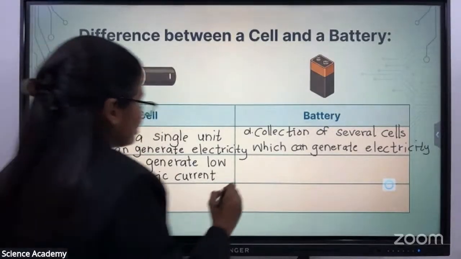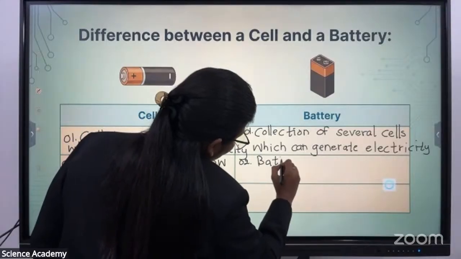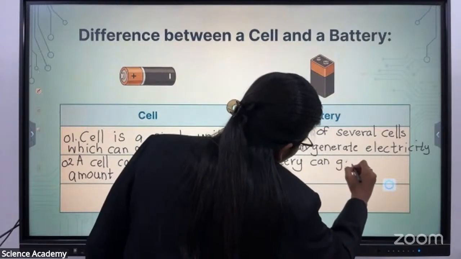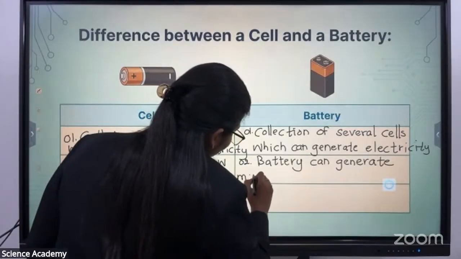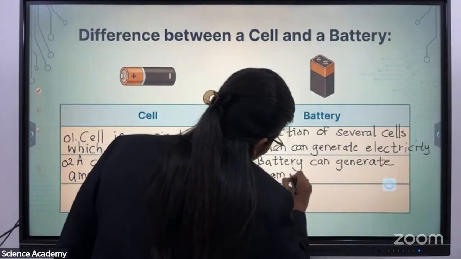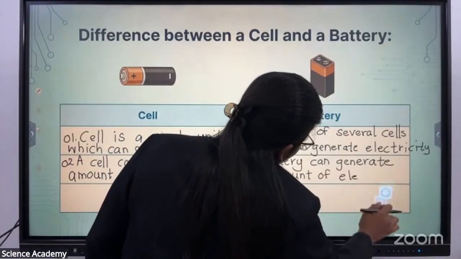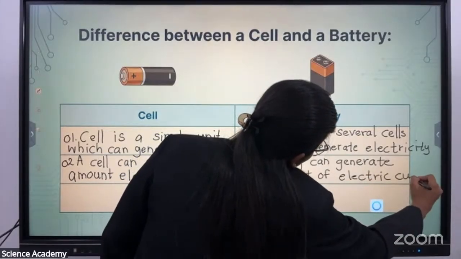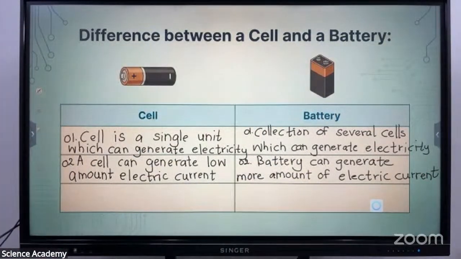Here, a battery can generate a more amount of electric current. Okay. Quickly write down these two differences.